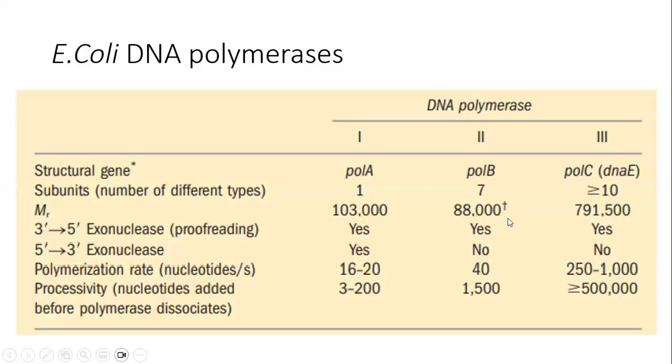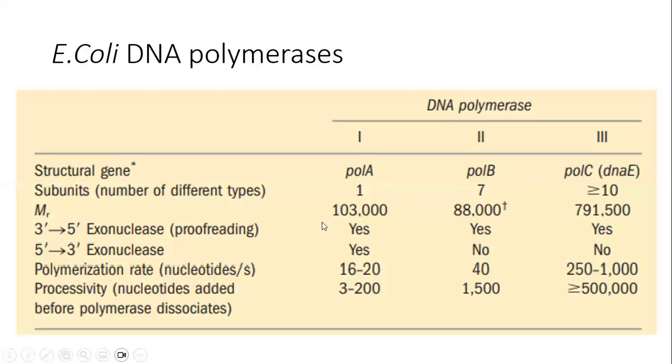Then this slide discusses the comparative properties of the three types of polymerases in E. coli: DNA polymerase 1, 2, and 3, which are encoded by the genes polymerase A, polymerase B, and polymerase C, respectively.